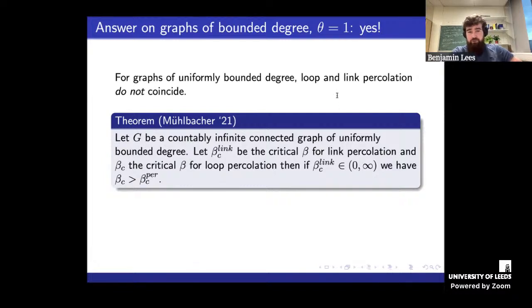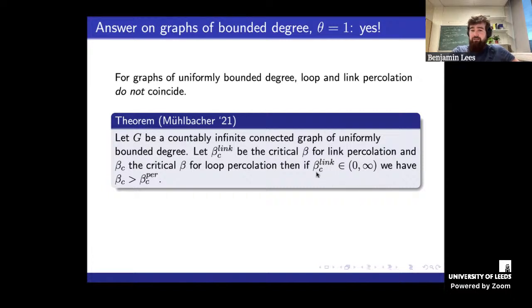And there, yes, he showed that if we have an infinite graph, uniformly bounded degrees, then the critical parameter for the link percolation, beta link, differs from the one for loops, always. So, well, always assuming that beta link is non-trivial, at least.